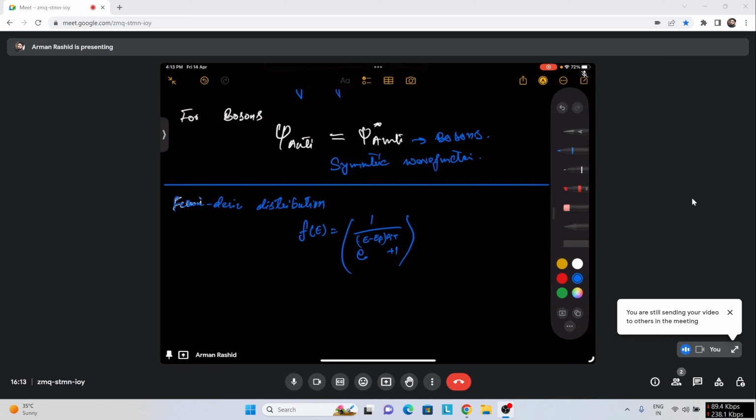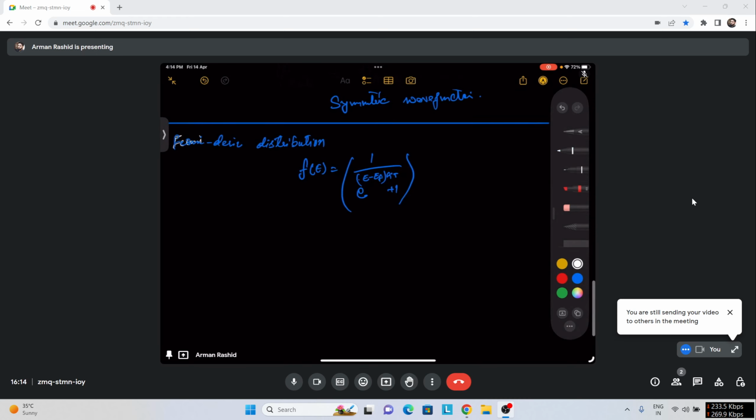So this is the Fermi-Dirac distribution. It tells us the probability that a particular level is occupied at one time.